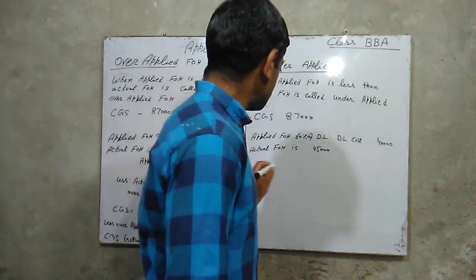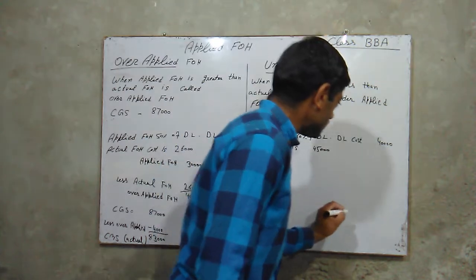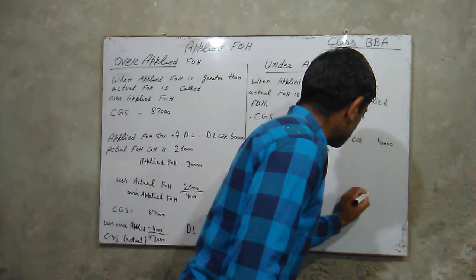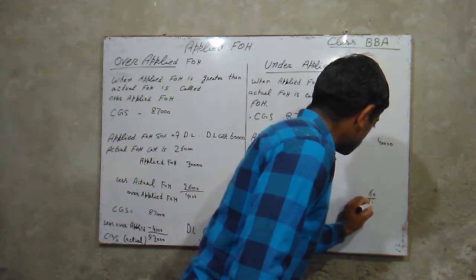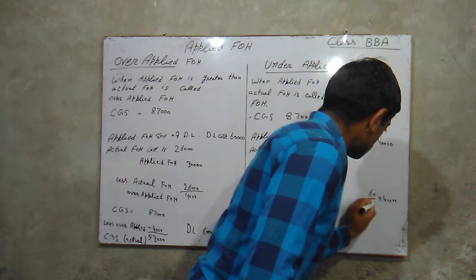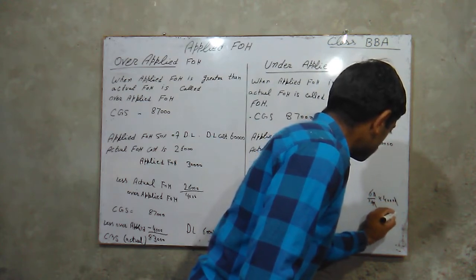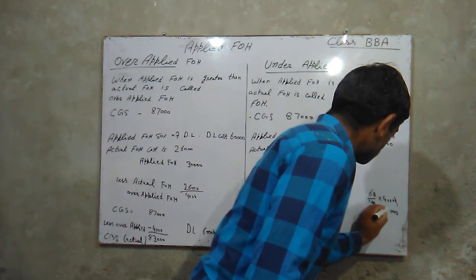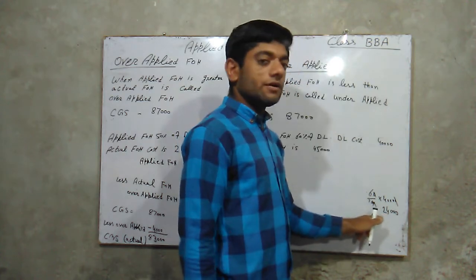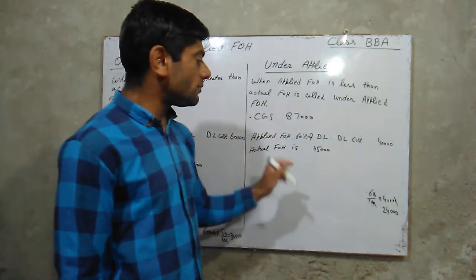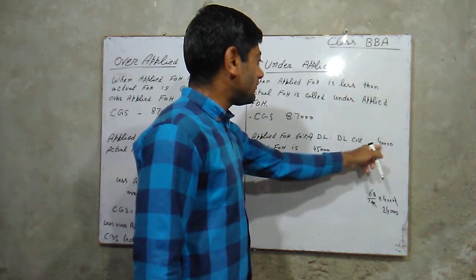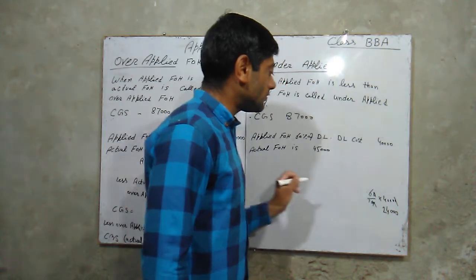So we calculate 60% of 40,000. The value is 24,000, which is our applied FOH.